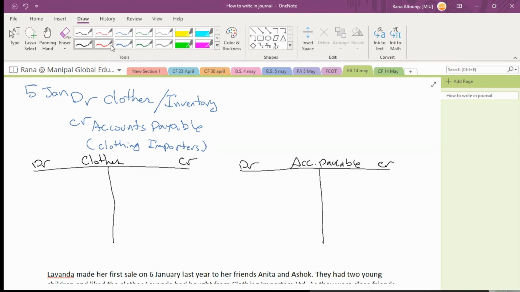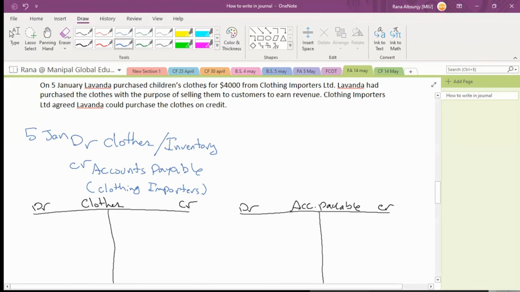Okay, always try not to forget to write the amount. So this transaction, the amount is 4,000. And always prefer that you name the accounts payable based on the company name, unless you have been asked to use only accounts payable. So let's do this one as Clothing Importer.